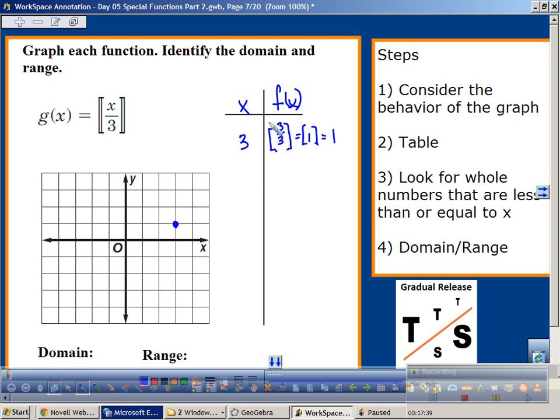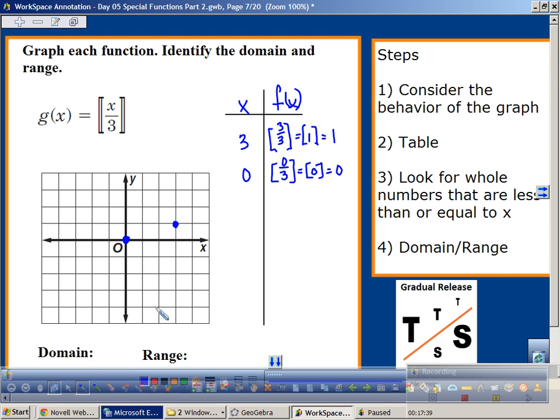Pick something else. Let's substitute something else and see what happens. You want to put in 6. I think there's something easier. 0. Wouldn't 0 be easier? What's 0 divided by 3? Is 0 an integer? So it's just 0. So if I put in 0, I get 0.